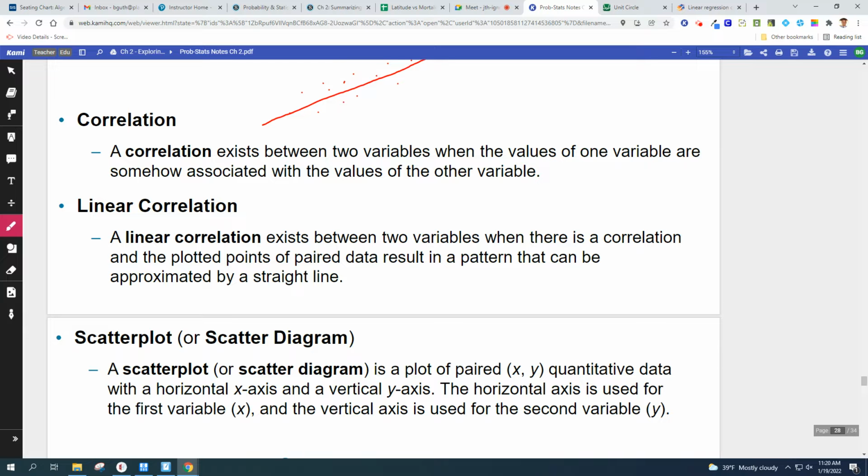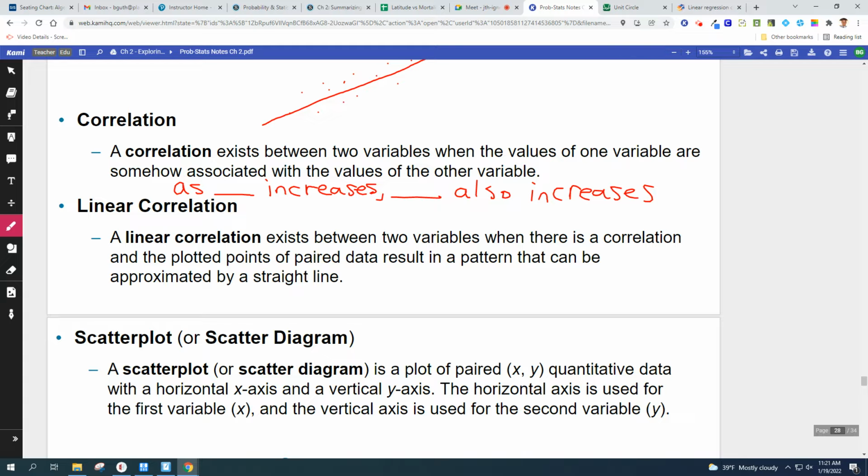One way to think of it is, as this increases, this other thing also increases. That would be a positive correlation. As one of them increases, the other one increases. Doesn't mean that one of them caused the other, but as one increases, the other one increases.